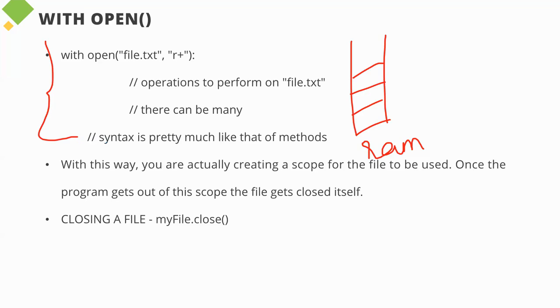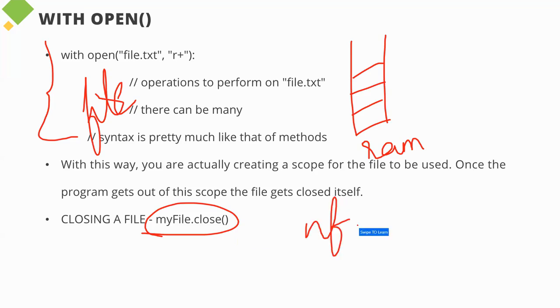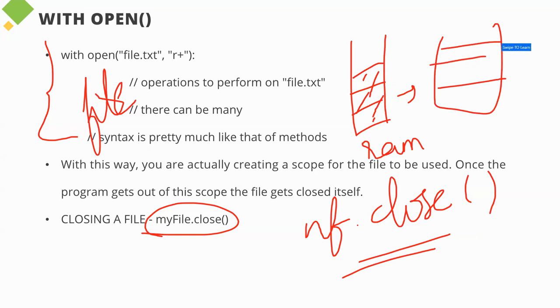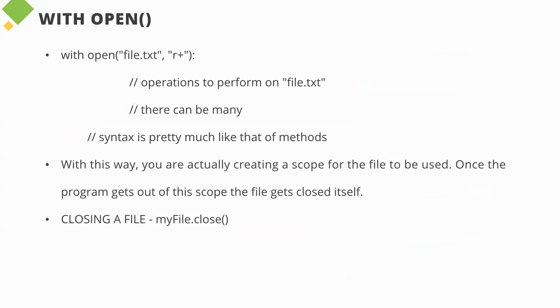So when the file is accessible, you can write to it, and after use you have to free the space. To free the space you have to close the file. Suppose here our file is nf, then nf dot close. It closes the file and frees the memory from the RAM. So this is how open and close works.